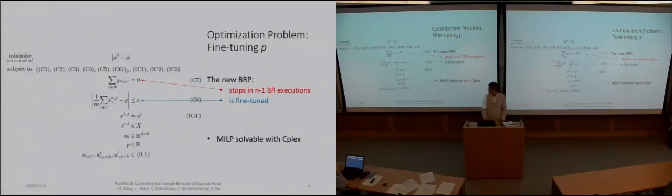So J corresponds to the data points. Because we want to consider a whole set of data points at once, in the optimization problem we need to have every input data at the same time and every execution basically of the business rules program at the same time.